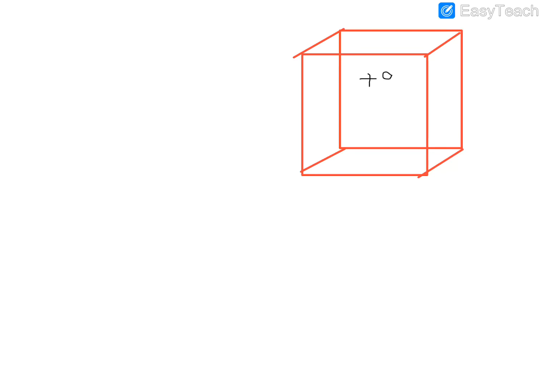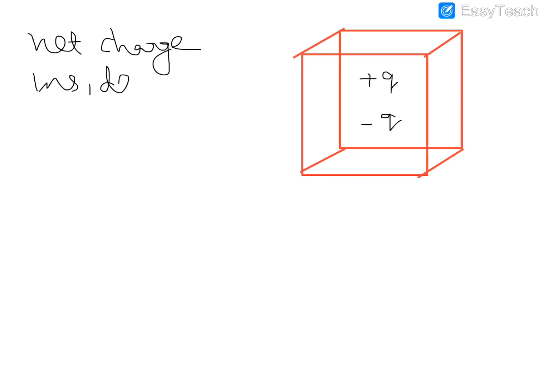One is plus q, another is minus q. Then what is the net charge? Net charge inside is plus q minus q, which is equal to 0. This is how you can find a net charge.